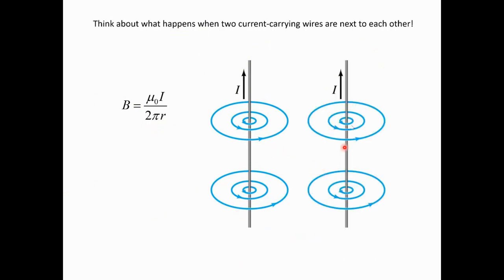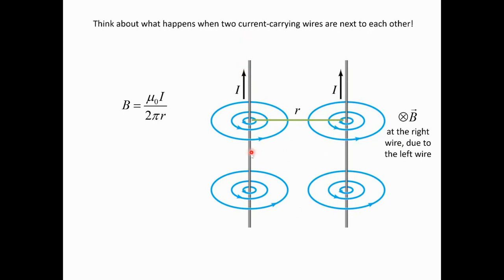Suppose I put another wire in the same orientation, parallel wires with the currents going in the same direction. It has its own magnetic field like this. But what happens because they interact? So notice, I'm going to have them a distance r apart as I showed. Notice that because of the left wire, there's a magnetic field at the location of the right wire that points into the screen.